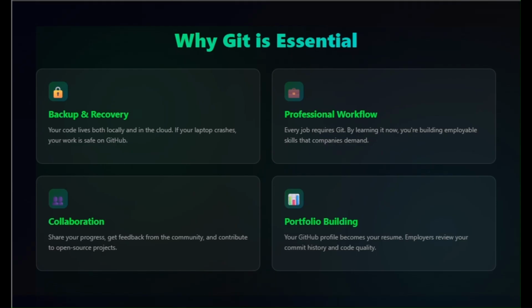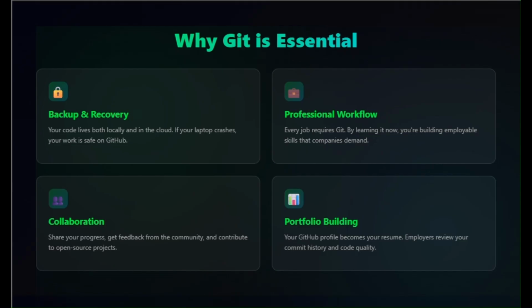Number one, backup and recovery. Your code lives both locally and in the cloud. If your laptop crashes, your work is safe on GitHub. Number two, professional workflow. Every job requires Git, so you are learning employable skills. Number three, this course has a Discord community.